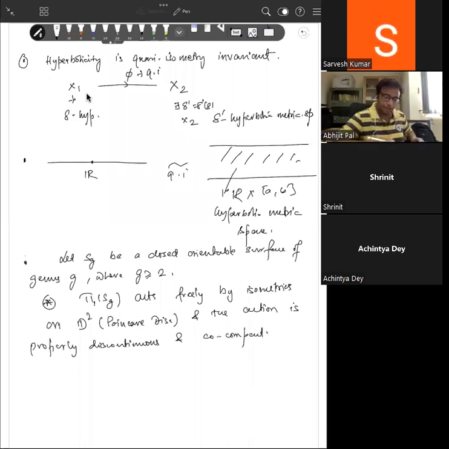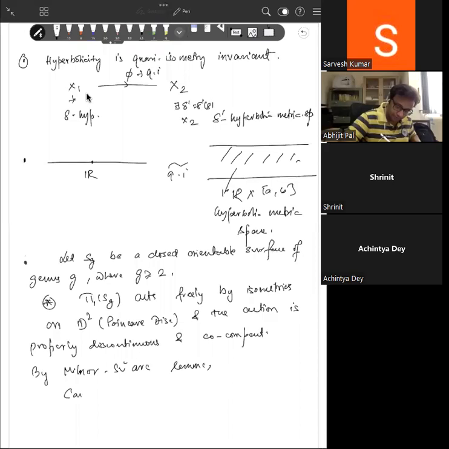Okay, so by Milnor-Schwarz lemma, which Sri Krishna proved this morning, the Cayley graph of this pi1 of S_G, with respect to the standard generating set, which I am not denoting, is quasi-isometric to this Poincare disk.